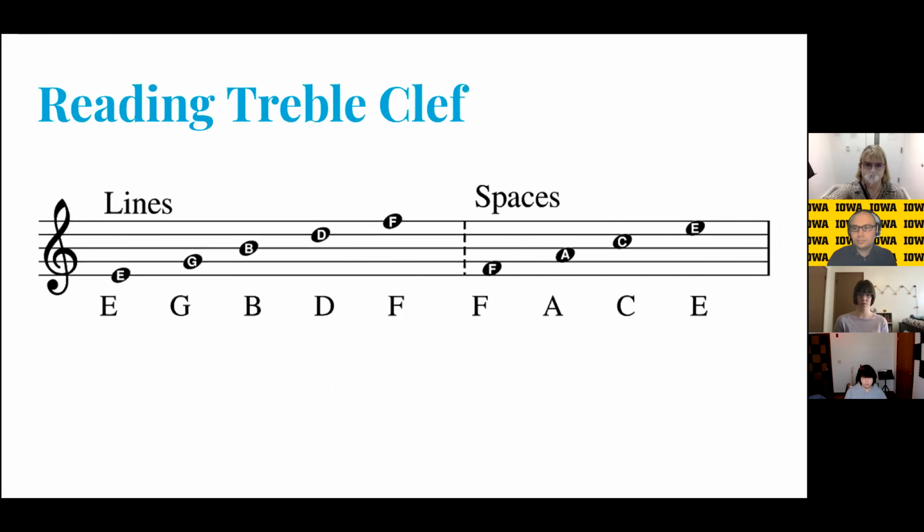To read the treble clef notes, the pitches on the lines of the treble clef are E, G, B, D, and F. To remember this, when I was first learning how to read treble clef, I would use an acronym such as "Every good boy does fine." And then the spaces of the treble clef are the pitches F, A, C, and E, which spell out face. There's one way you can remember that.